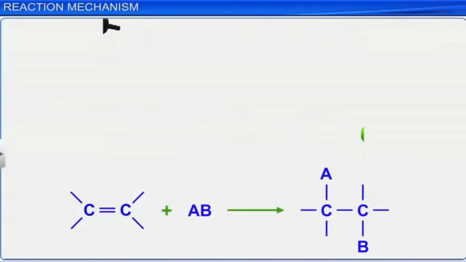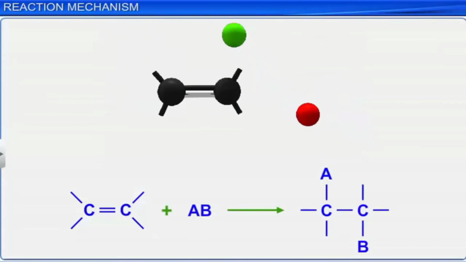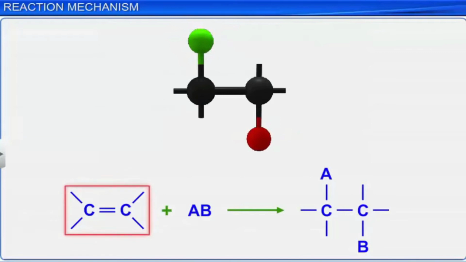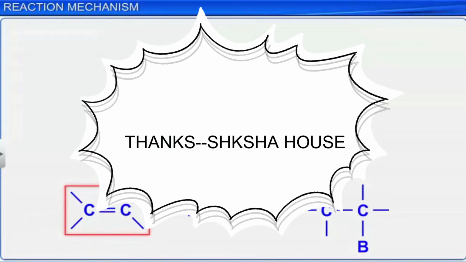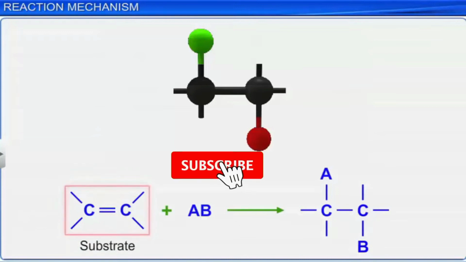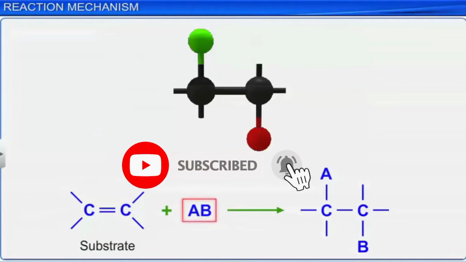Heterolytic reaction: when reactants react to form a new compound, the reactant that supplies the carbon atom for the formation of a new bond, or the reactant on which the focus is, is called the substrate, whereas the other reactant in the reaction is called the reagent.